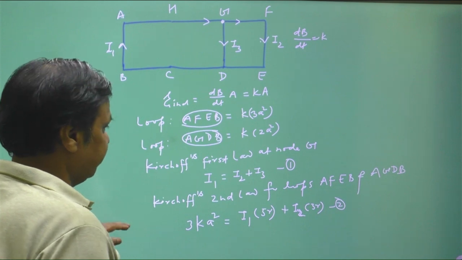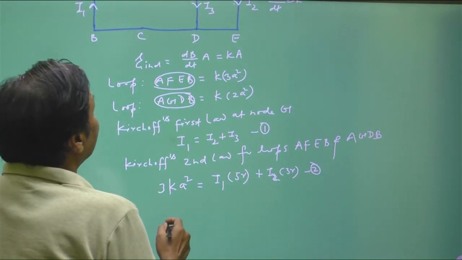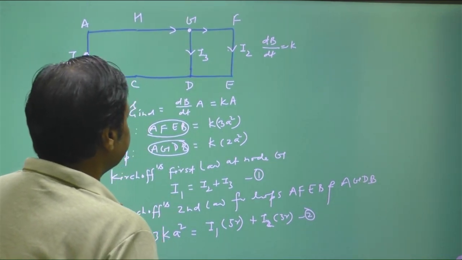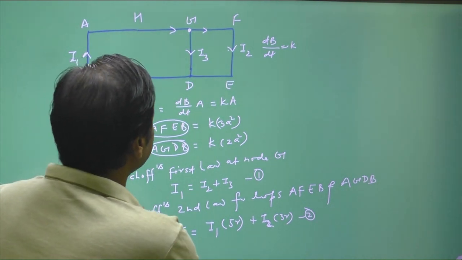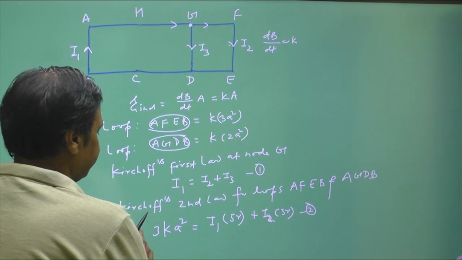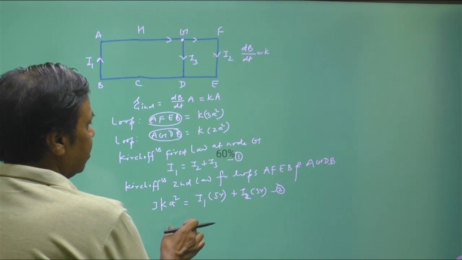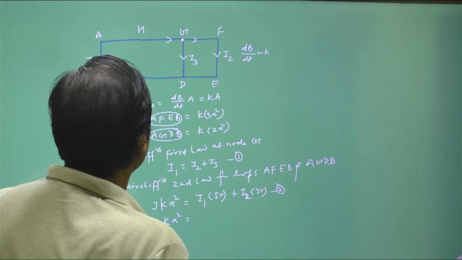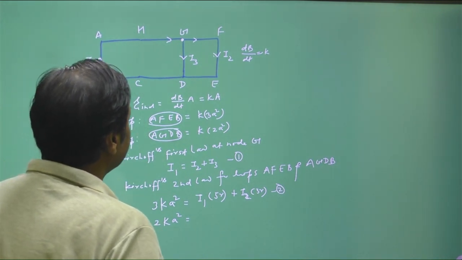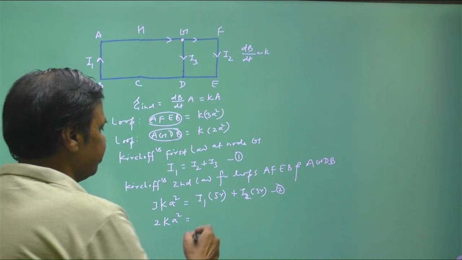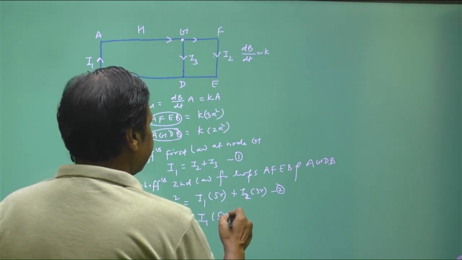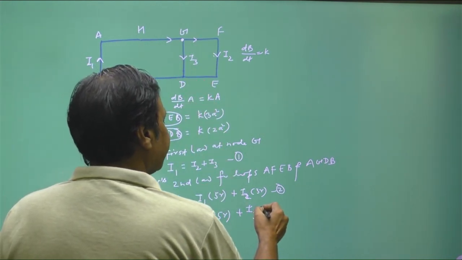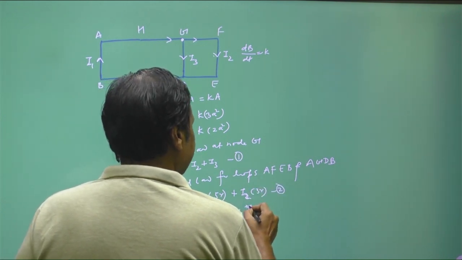And for AHBD, the EMF is K multiplied by 2A square, that is 2KA square, the EMF provided through that loop, and the voltages they are consuming are again I1 multiplied by 5R from here to here, and this I3 is using only resistance R, so it is consuming only I3 multiplied by R.